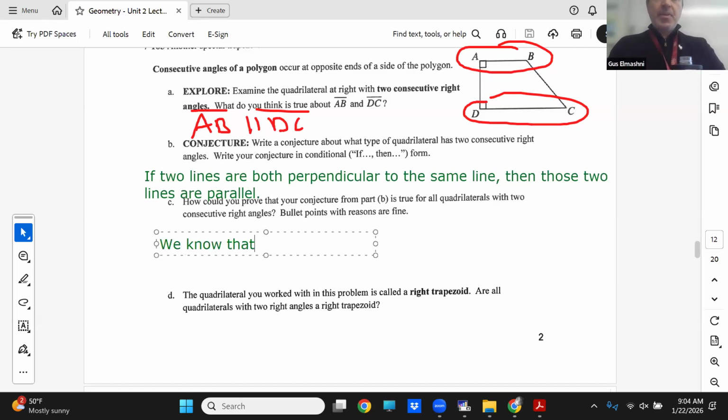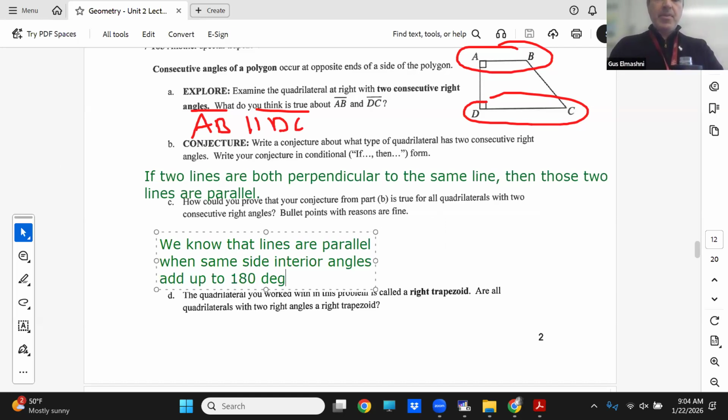We know that lines are parallel when same side interior angles add up to 180 degrees. Angles A and D do that.